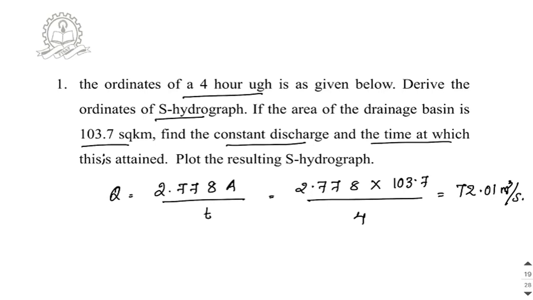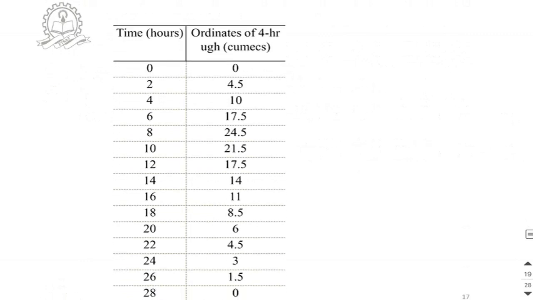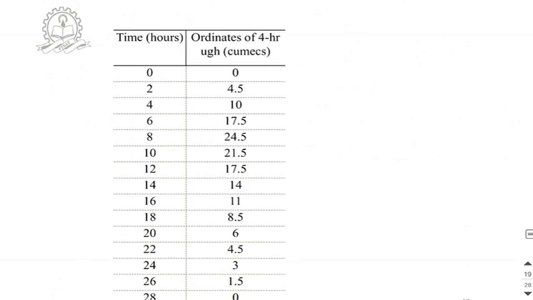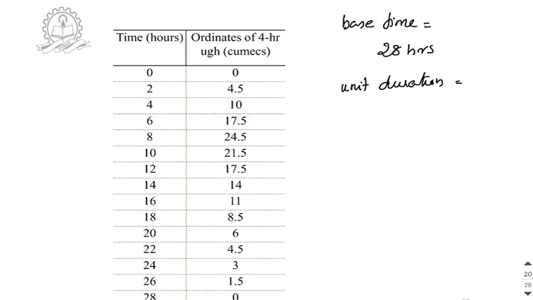And next one, the time at which this is attained. For that, first we will go through the data given, that is the ordinates of the 4-hour hydrograph. So these are the data given in the question. The total base time is 28 hours, and the unit duration is 4 hours.